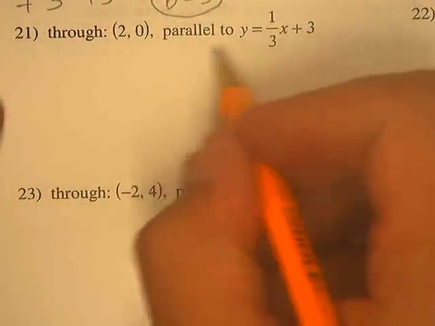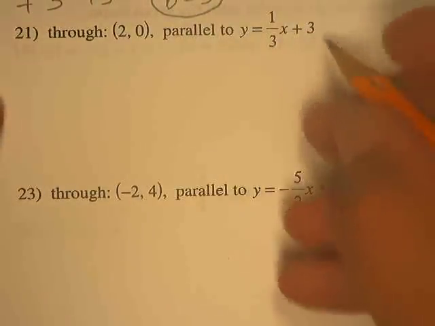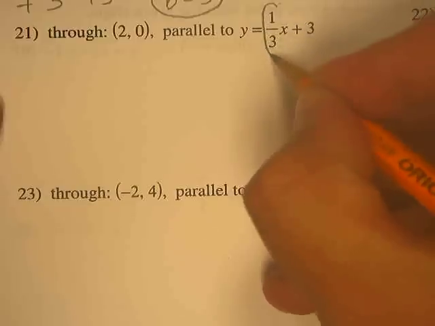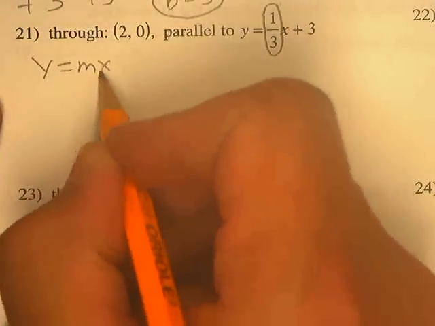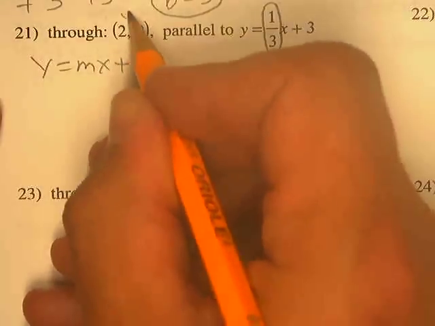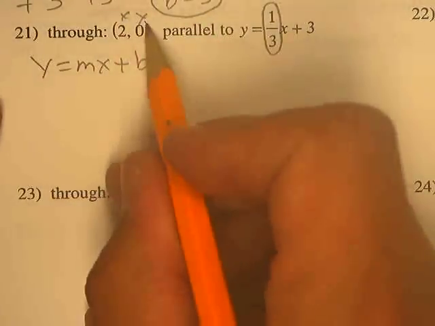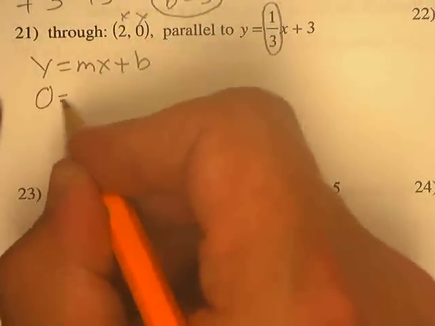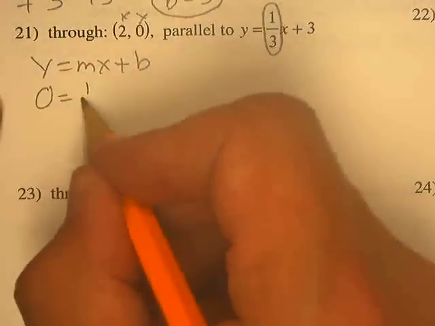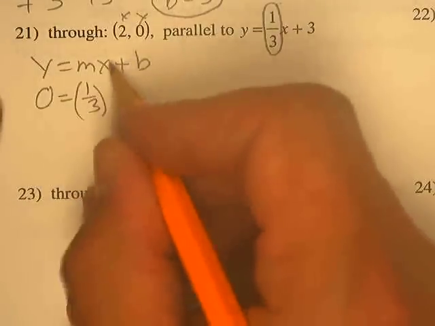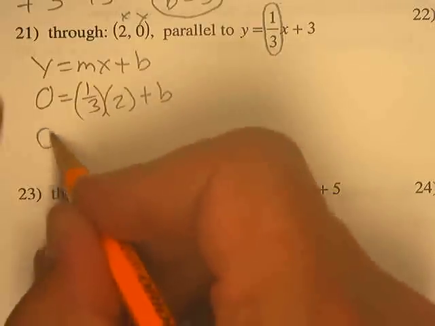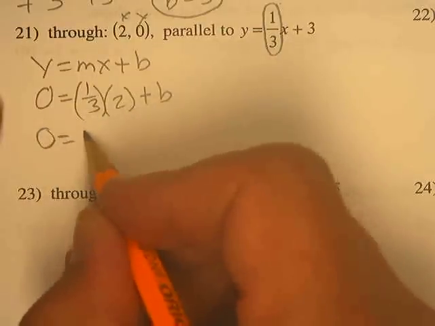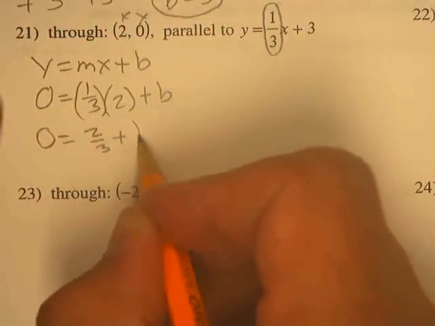All right, let's try another one. Go through the point (2, 0) parallel to y equals 1/3 x plus 3. Slope is 1/3. y equals mx plus b. This is my x and this is my y. Plug in 0 for y. Slope is 1/3. x is 2, plus b.